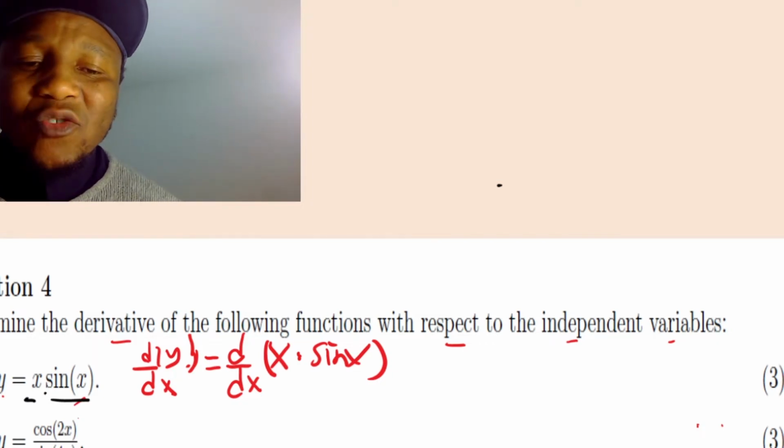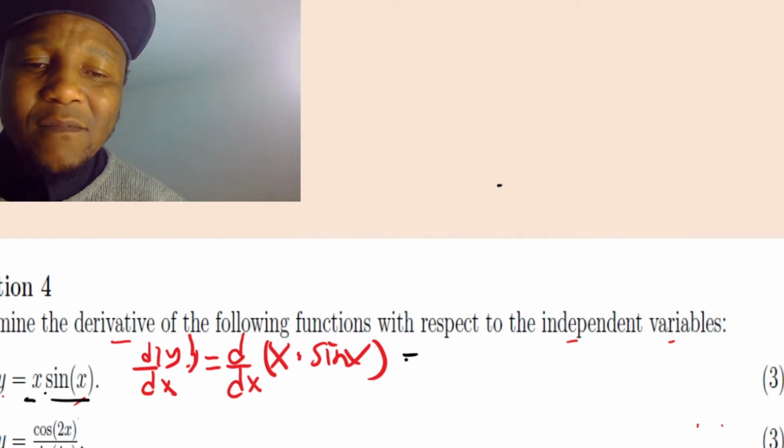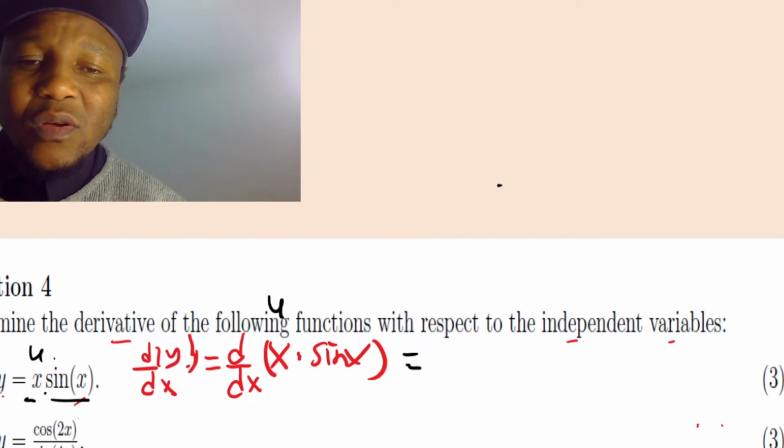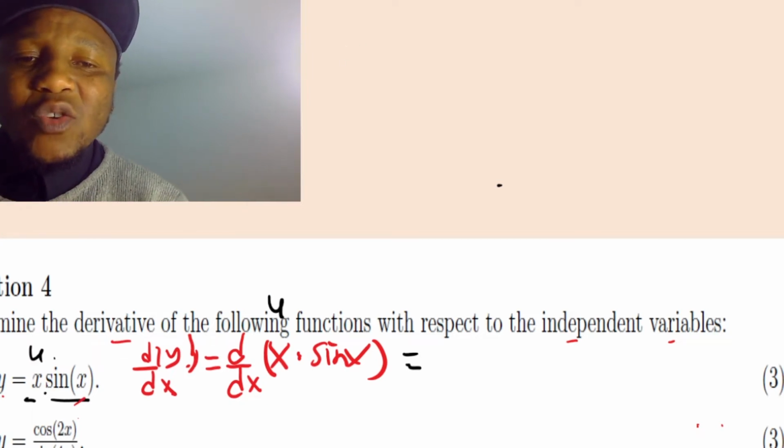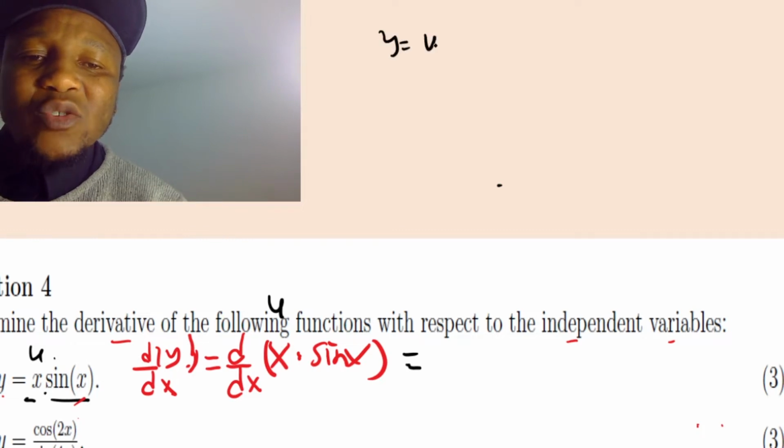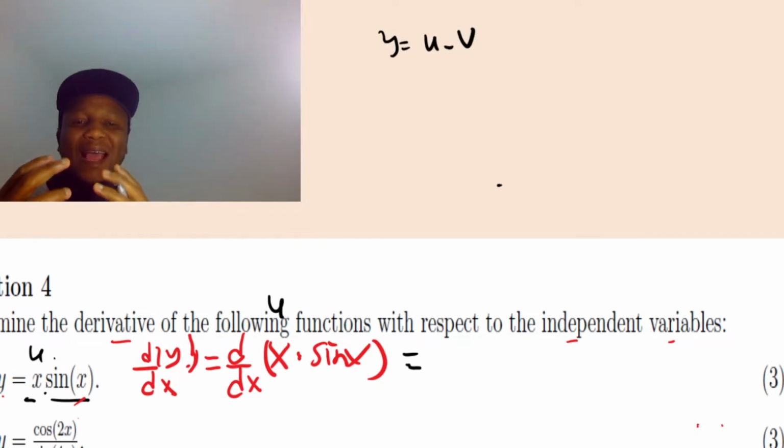So from the product rule, from the formula, they always say, let's say this is u and this is v. Let me write everything here. If somebody says y equals u times v, that's a product of two things.